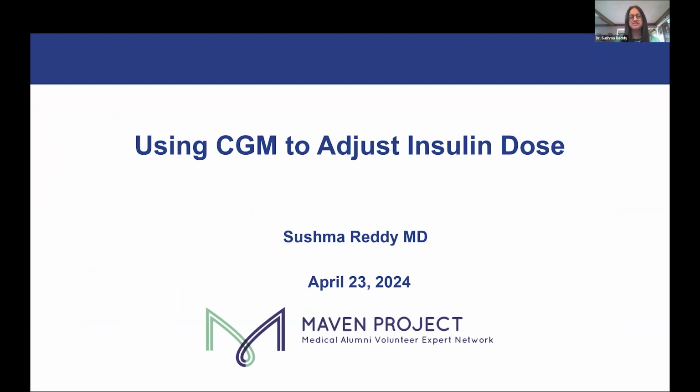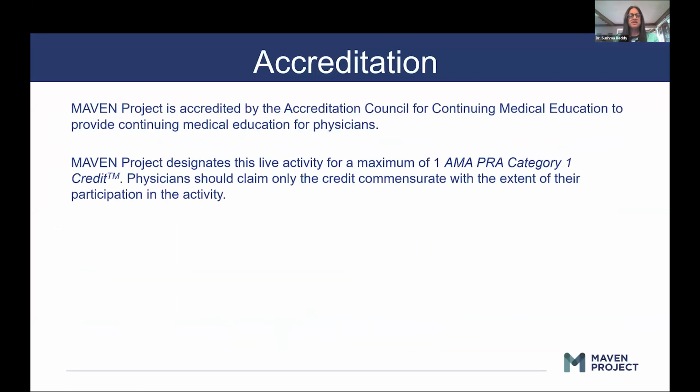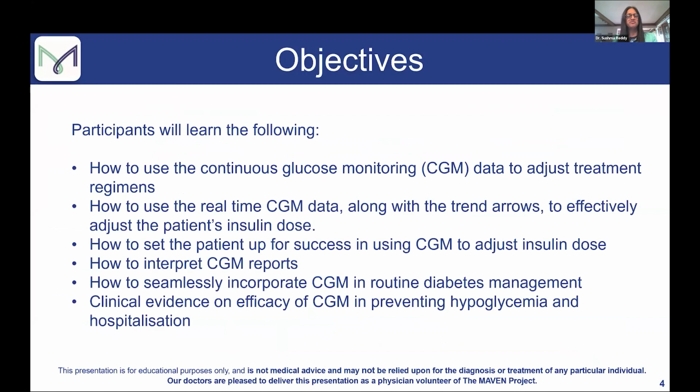So let's go ahead and get started on using CGM to adjust insulin dose. Here are my disclosures. As you know, this is accredited with the CME, as Dr. Cohen already alluded to. You're familiar with the objectives, where we'll be going over the CGM data, how to interpret it, how to use it to adjust insulin dose, how to set your patients up for success, and how to incorporate it into day-to-day management.